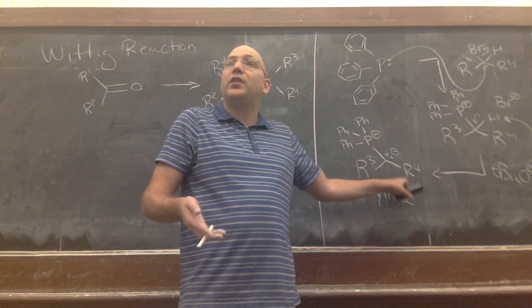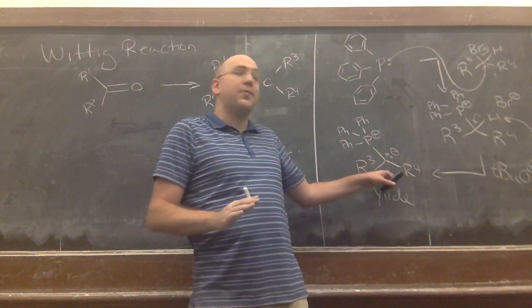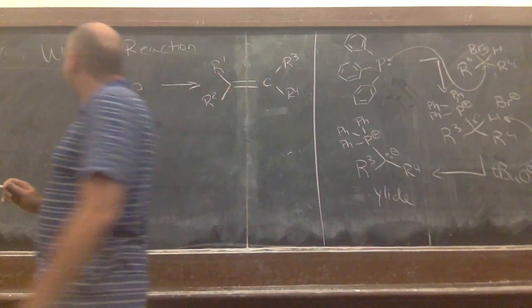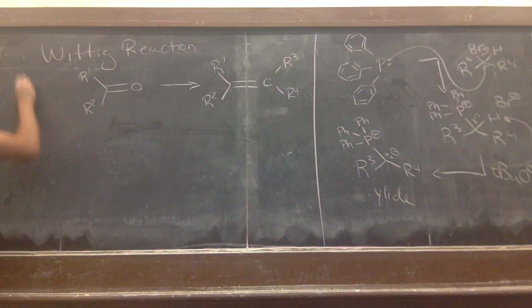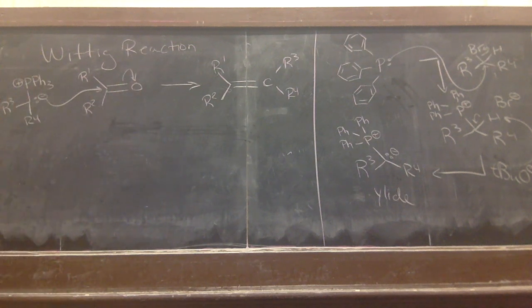And so this is fairly nucleophilic. So it's best, I think, to first think about the Wittig ylide as a nucleophile. And if it's going to react as a nucleophile with the carbonyl, how are we going to do that? We attack the carbon and push the electrons onto the carbonyl oxygen. So that's going to be the first step.